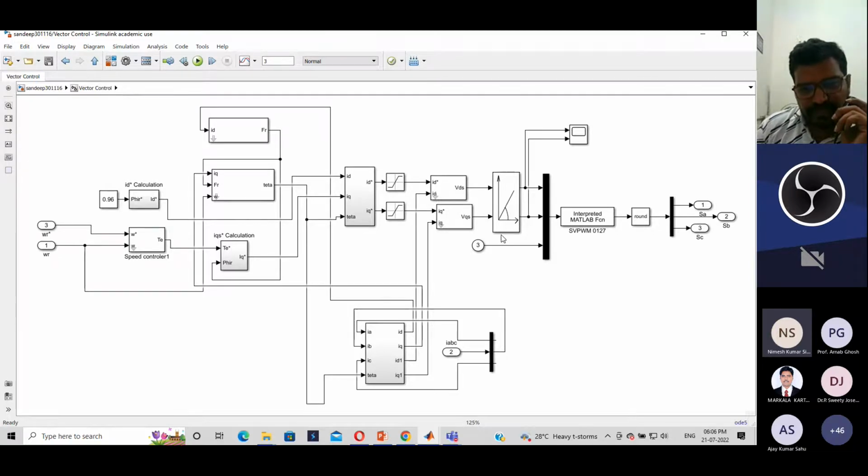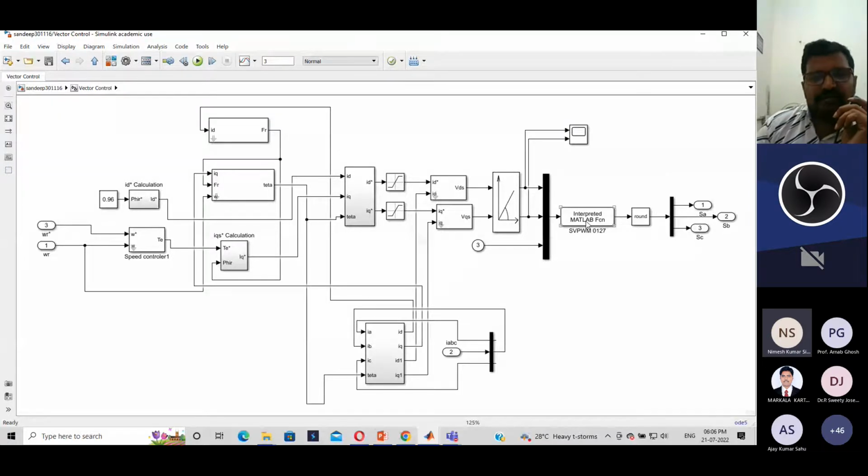Once you get this reference voltage and theta, it is fed to the space vector modulation technique. You can apply this SVPWM in two ways. Either you can go for the normal comparison between the various signals and generate the SVPWM, or you can write a MATLAB program in such a way that you will get the pulses.